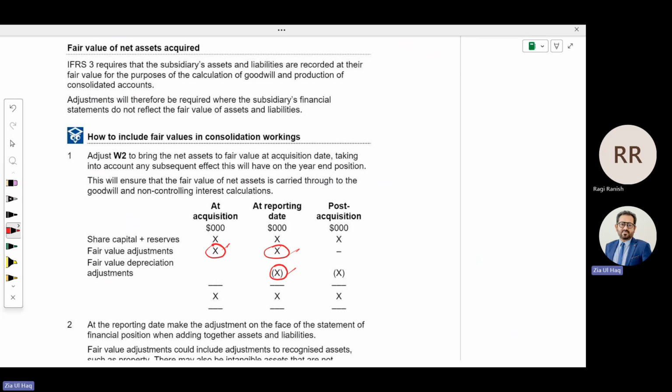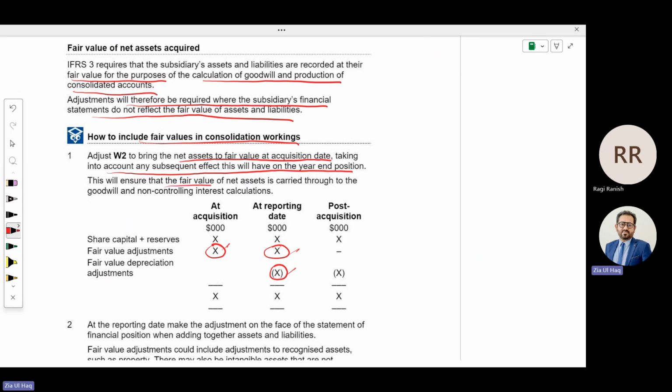IFRS 3 requires that the subsidiary's assets and liabilities are recorded at their fair value for the purpose of calculation of goodwill and production of consolidated accounts. Adjustment will therefore be required where the subsidiary's financial statements do not reflect the fair value of assets and liabilities. How to include fair value in consolidation working? Adjust to bring the net assets to fair value at acquisition date, taking into account any subsequent effect that will have on the year-end position.